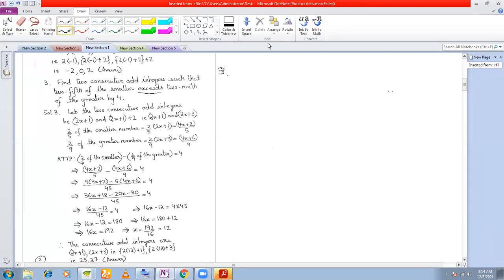Now, how do we assume the odd integers to be? In case of even integers, I told you that you can take them to be 2x. In case of odd, you can take them to be 2x plus 1, or 2x minus 1. So I say let the two consecutive odd integers be 2x plus 1.